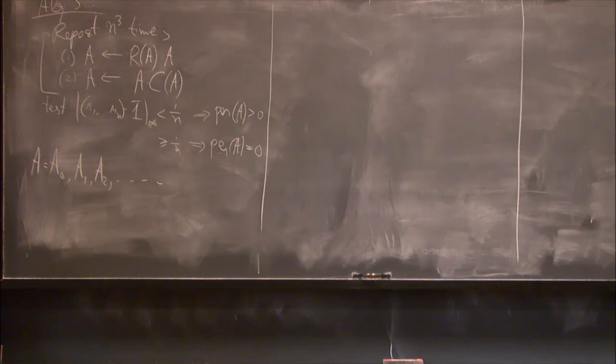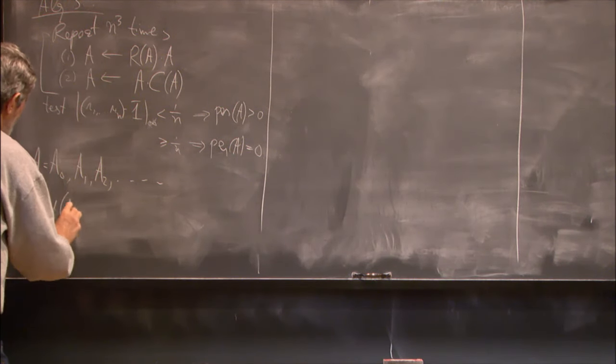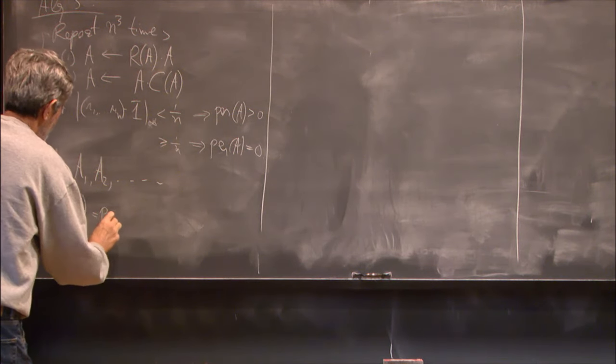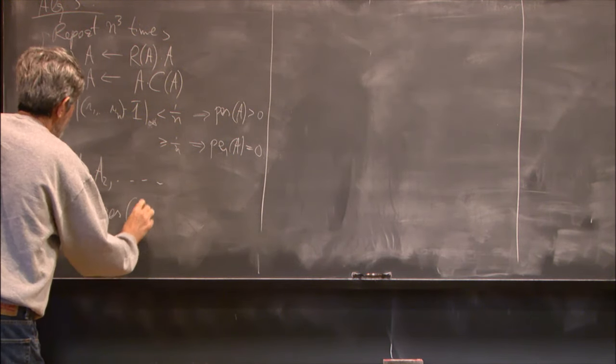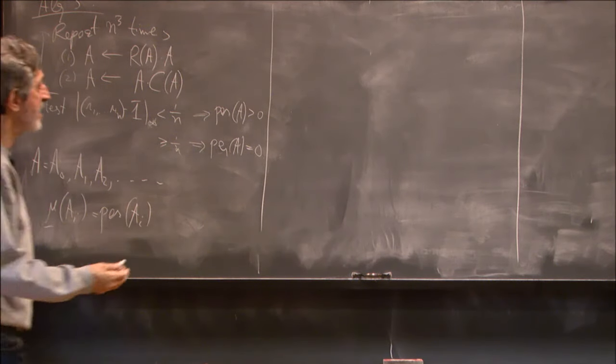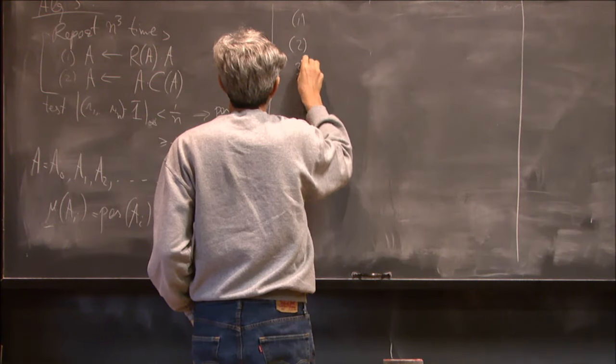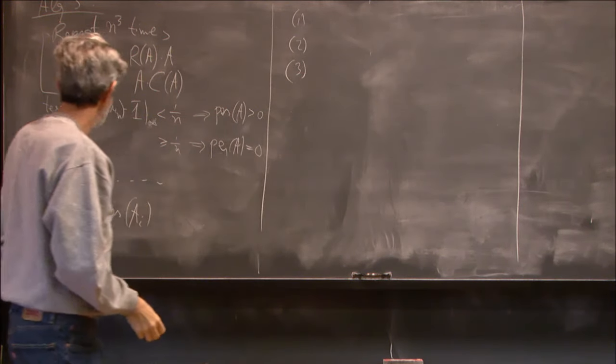The progress measure is going to be the permanent. So we will have a mu of A_i, which will be the permanent of A_i, and later we'll look at more general measures, which is what Gurvits does. Okay? So what can we know? There are 3 properties that are important for the analysis of the convergence of the algorithm.